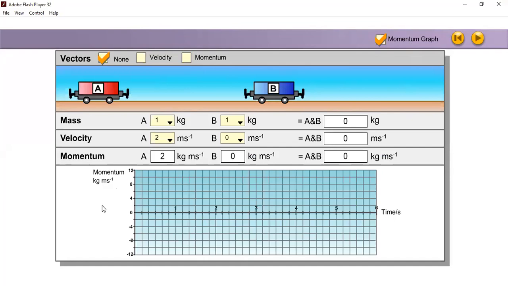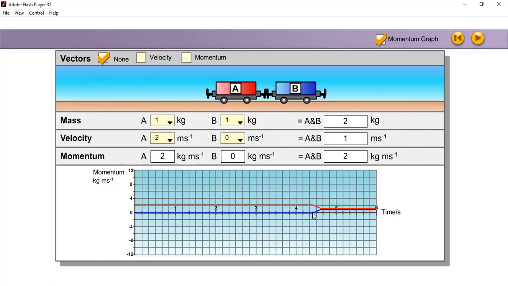Just now we observed the velocity against time graph. Now we observe the momentum-time graph. Let's say the object moves, one moving, one stationary.